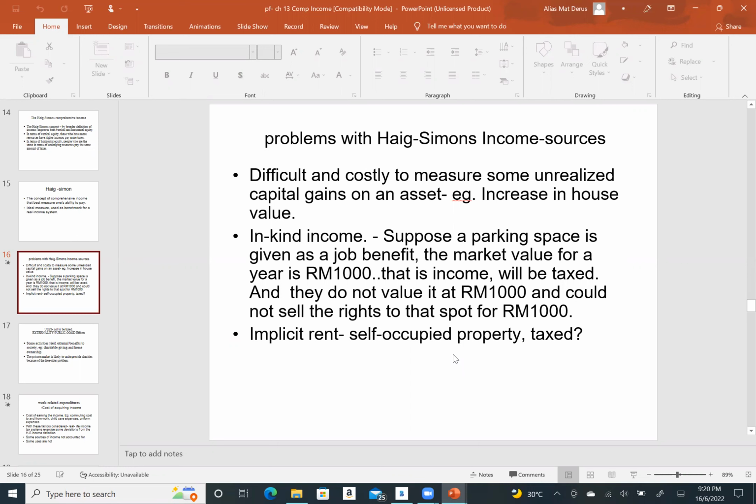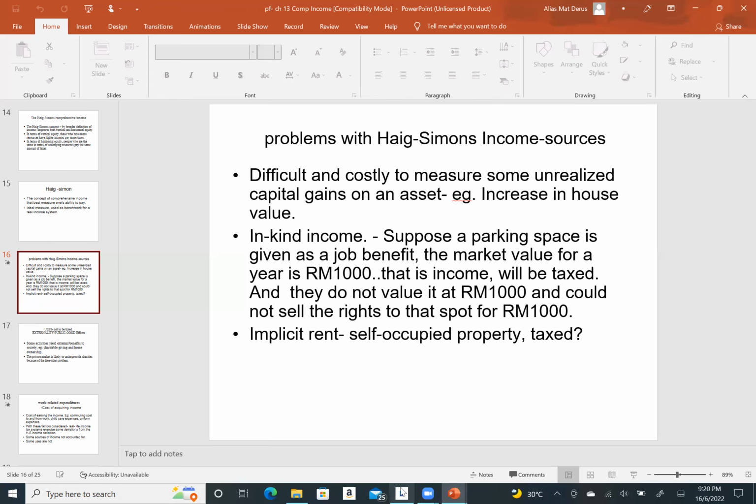Now, is it fair to tax your unrealized capital gain? Suppose you own a house, and its value increases by 100,000 over the year. You don't sell the house, but that is considered income. So you are taxed on the 100,000. Now, is it fair? Because you don't have the income, you don't have the money. It's just on paper.